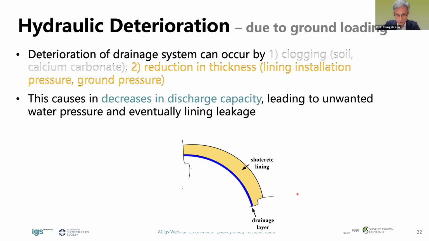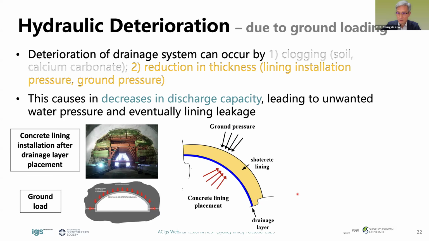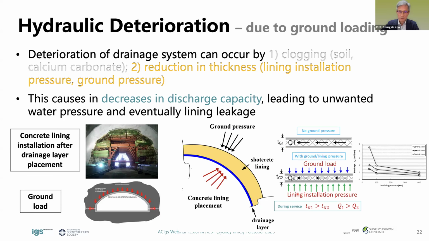Also, once the drainage layer is installed, the concrete lining will be constructed, and during construction it can impose additional installation pressure on the drainage layer. All these pressures make the geotextile drainage layer thinner. As a result, the flow path narrows and drainage capacity drops. Once again, we end up with unwanted water pressure acting on the lining.